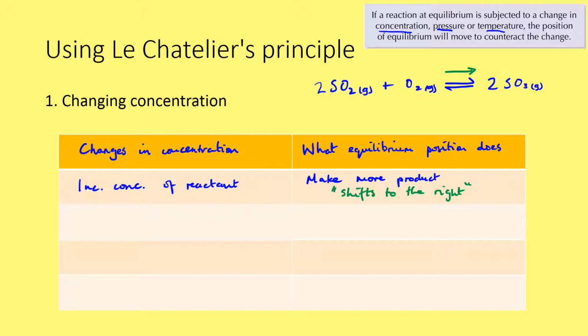That's one change in concentration we could do. We could do the opposite. We could decrease the concentration of a reactant, so we could decrease the concentration of sulfur dioxide in a closed system at equilibrium. So what's the equilibrium position going to do then? Well, it's going to counteract that change according to Le Chatelier's principle, and counteracting that change in practice means that you're going to make more reactant.